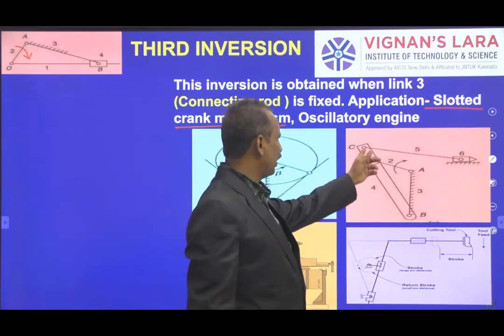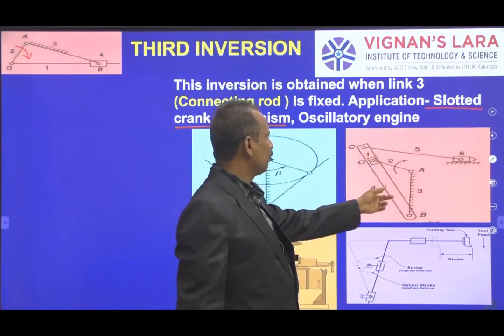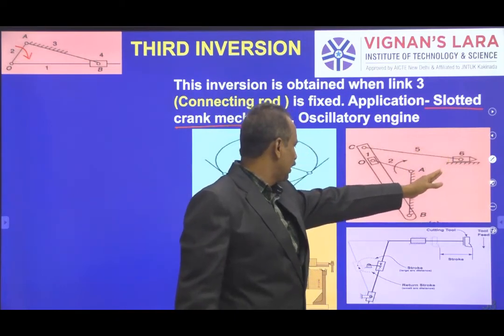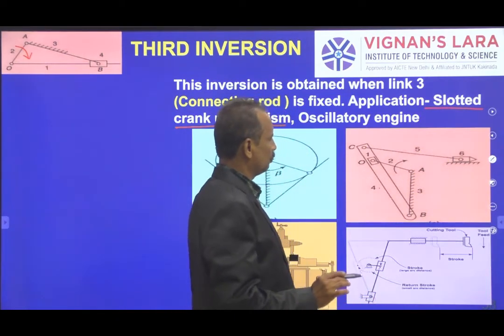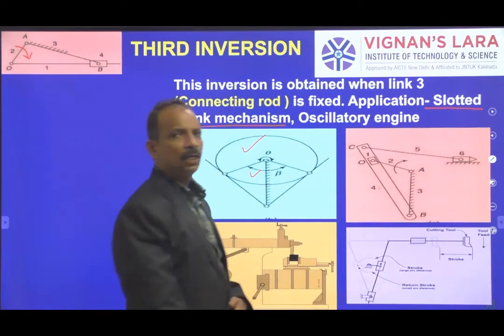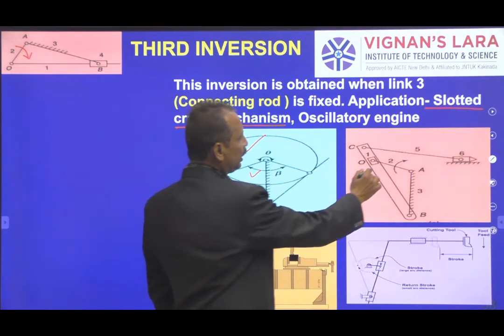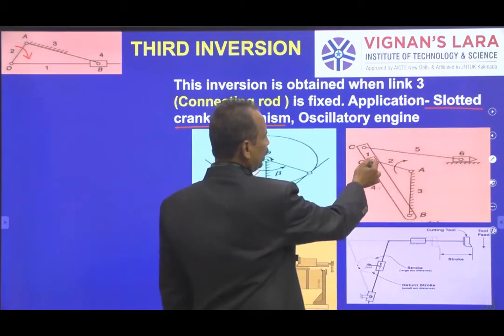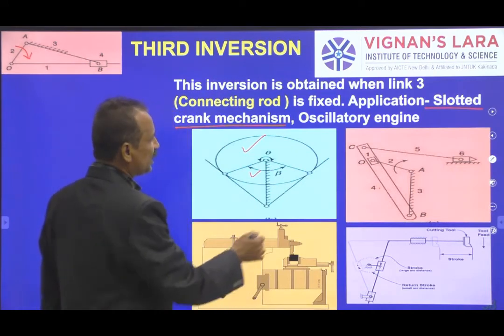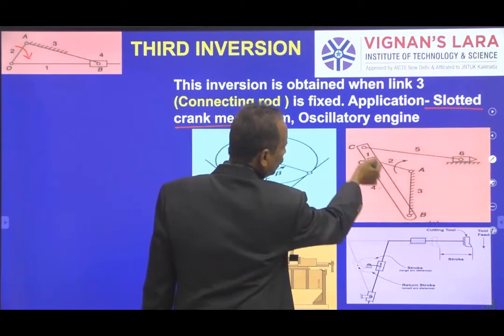My objective is finally the output of the 4th link is given to the 5th link. So don't take it as a 6-bar linkage mechanism, it is a 4-bar link mechanism only. So 3rd link is fixed and the second one is rotated.